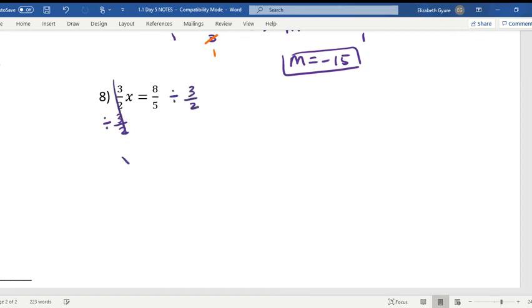Good. So x equals, now keep, change, flip. Keep the 8/5. Change the division into multiplication, flip the second fraction, make it 2/3. Tell me what to multiply.